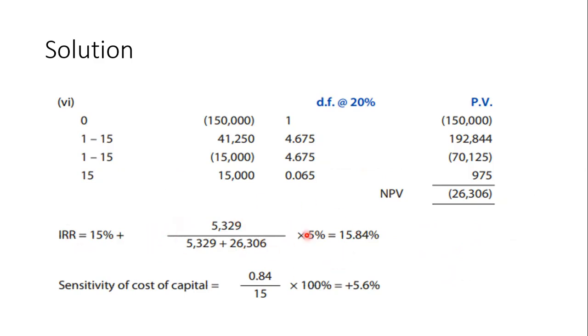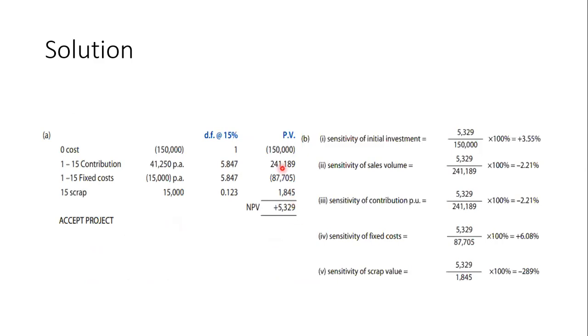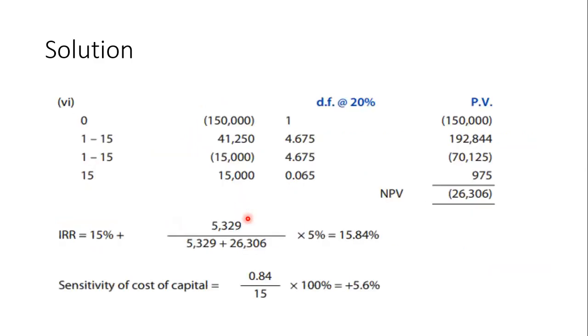Now already we have a discount factor of 15%, and we know the NPV of 5,329. So all we have to do is pick another discount factor.